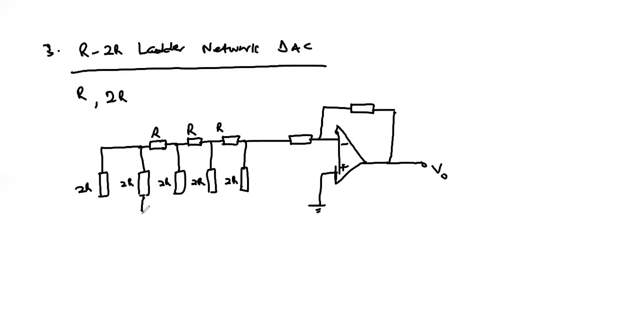Then we connect these switches. We can have the most significant or the least significant bit connected to the source, whereas all the other bits are grounded.